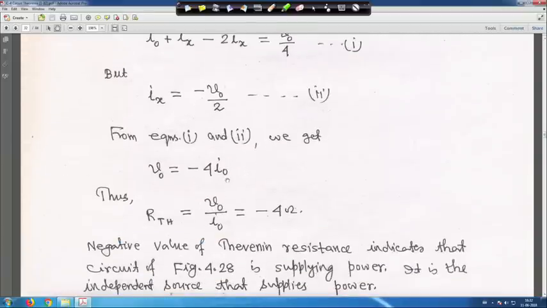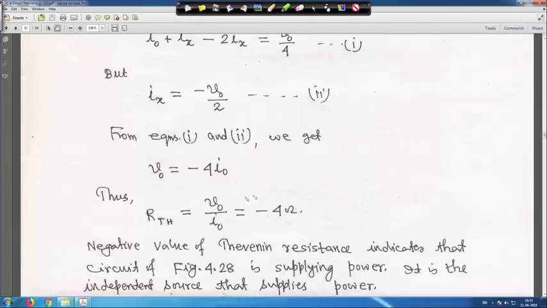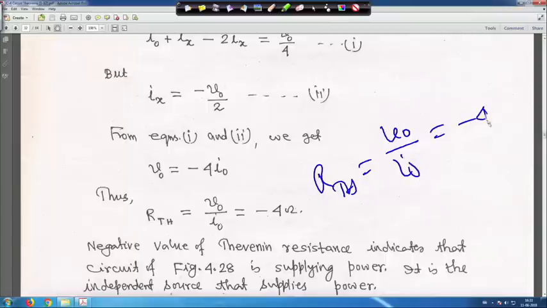So, that means we have taken I 0 is equal to say 1 ampere, any value you can take, it does not matter. Directly we get the relation V 0 is equal to minus 4 I 0. So, there is no question of considering I 0 is equal to 1 ampere, no need, because R Thevenin is equal to V 0 by I 0, that is actually minus 4 ohm.